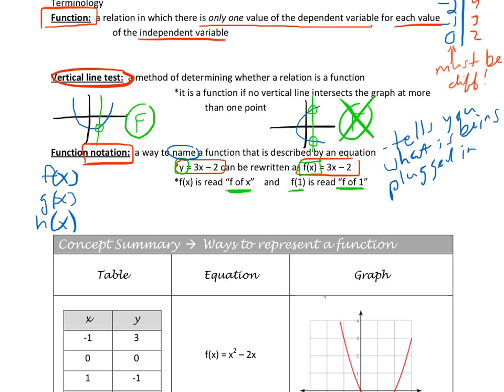It tells you what's being plugged in. So in other words, this notation, f of 1, means please plug or substitute a 1 into the function. And that's what you do.